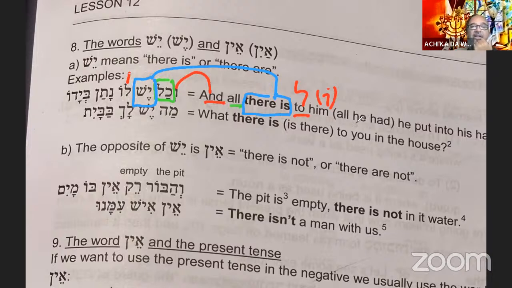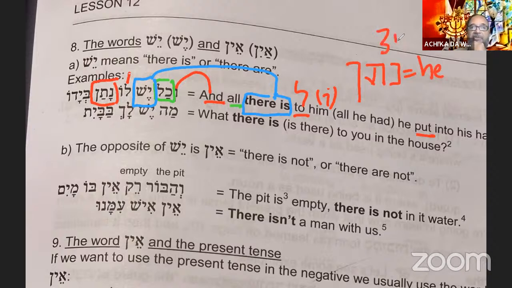Okay, all he had, and then he put into his what? Into his hand. Nathan is to put. And the he is already what? It's already there because it's perfect, because it's 3 letters. So you just remember the rules. If you got a 3-letter root, what they have here, Nathan, that means he.